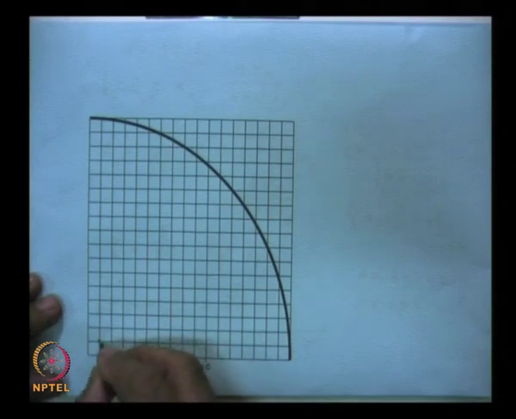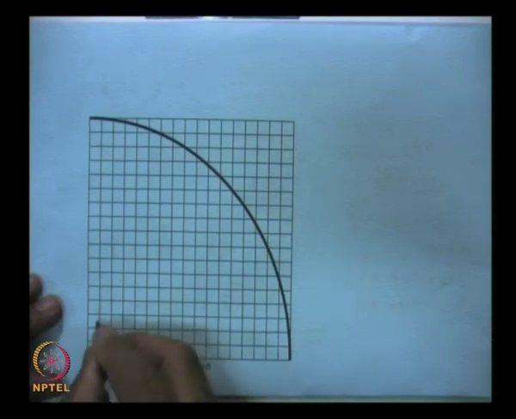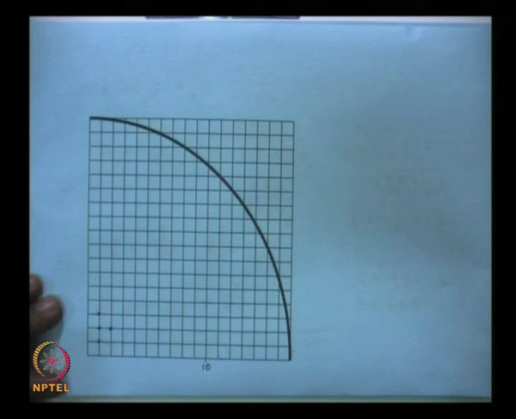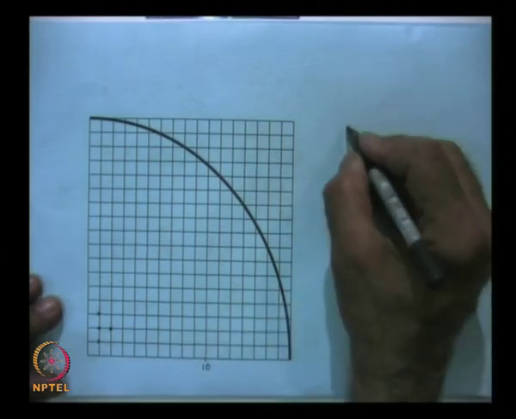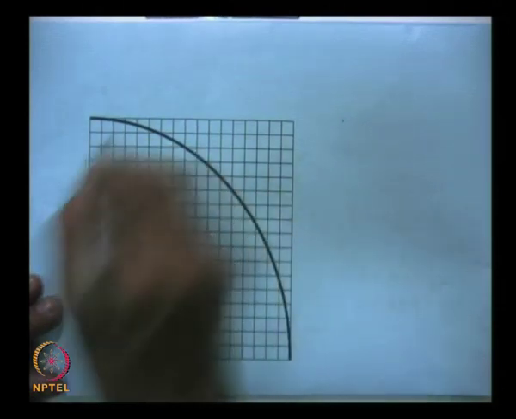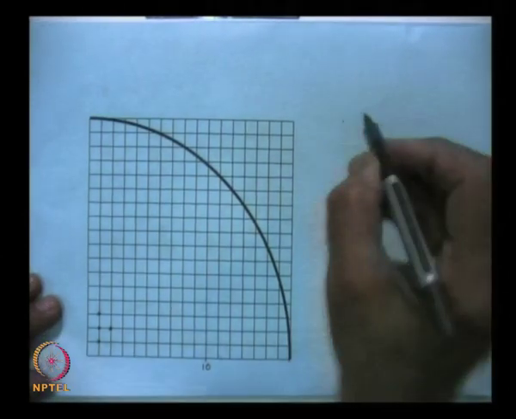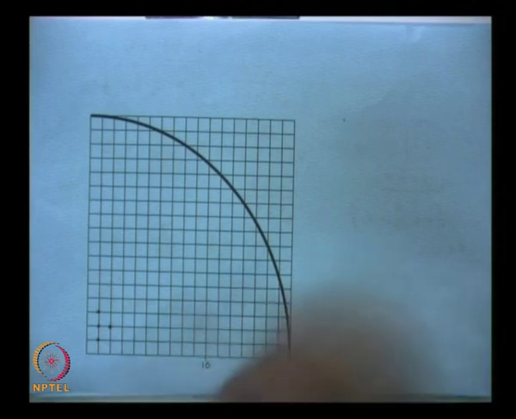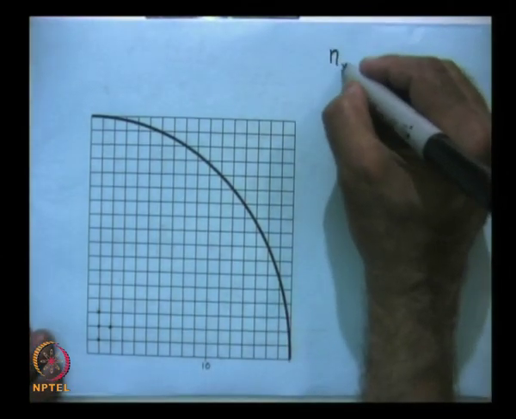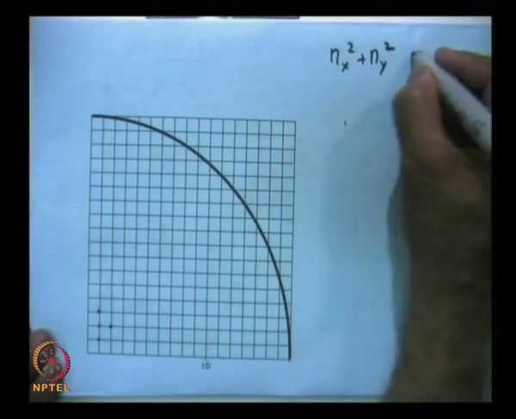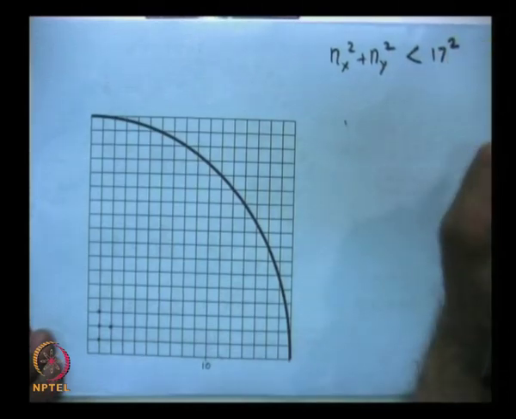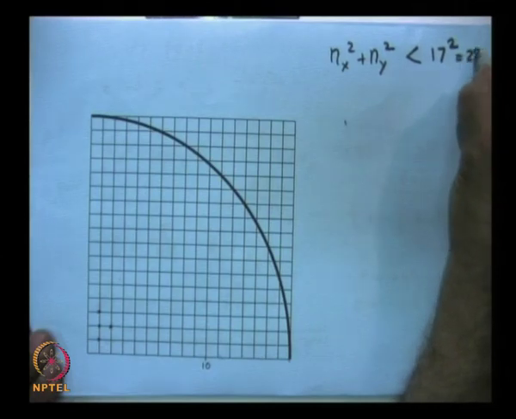This is 1 1, this is 2 2, this point is 1 2, this point is 1 3. So, this radius that I have drawn is of radius 17 units. So, 1 2 3 10 11 12 to 17. So, I want to find out the sets of integers such that n x square plus n y square is less than 17 square, and this, as we all know, is 289.